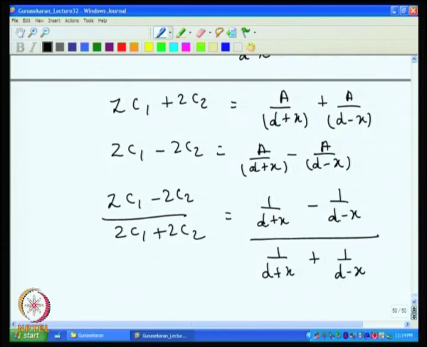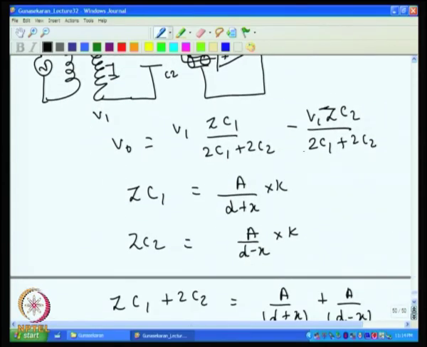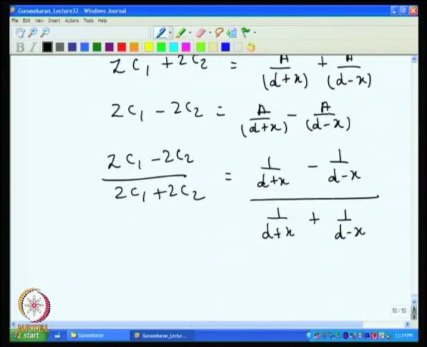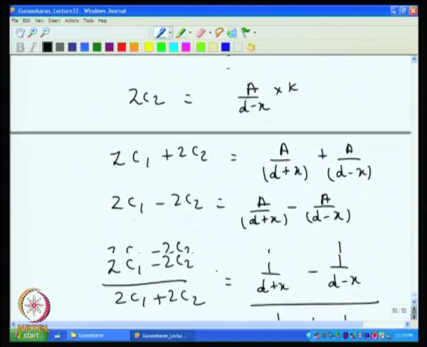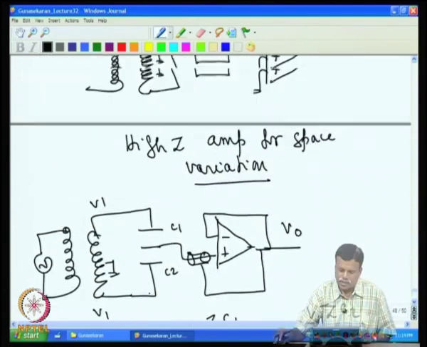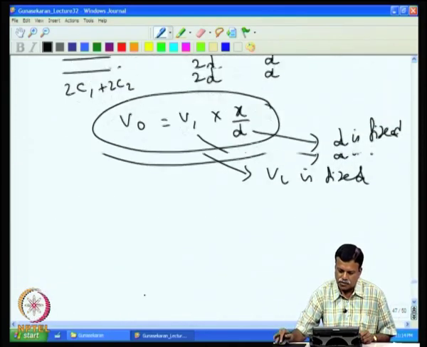That is what it turns out. That is the effect of this one. Then we have to take the V1 factor to get V naught. If you simplify this, you will get similar terms. Actually, in the previous equation we had a into 1 plus x and a into 1 minus x.